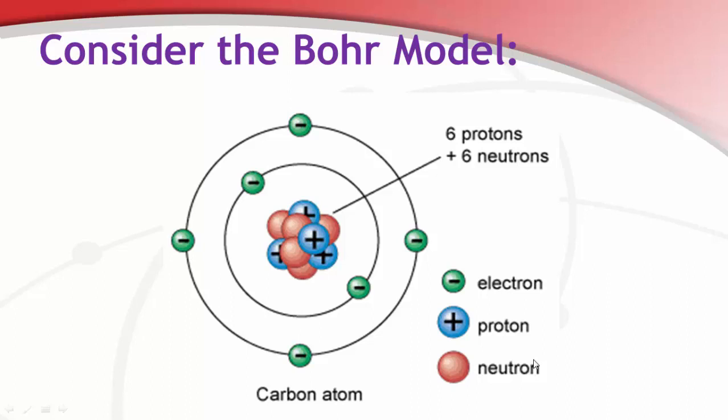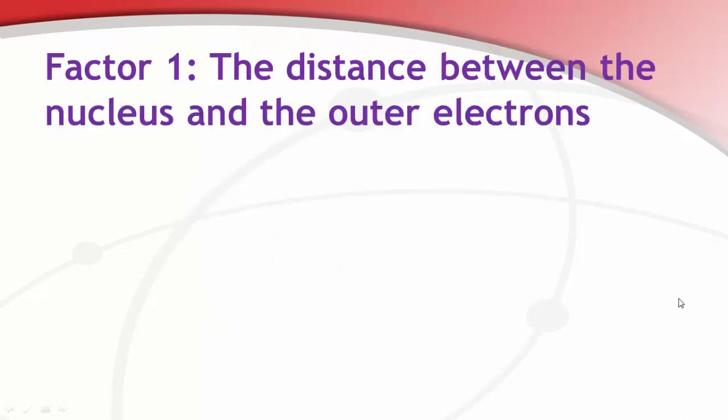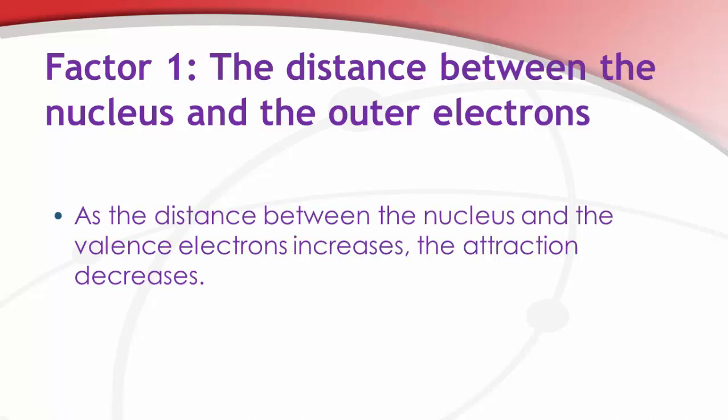So if we take the Bohr model, we have carbon here with 6 protons and 6 neutrons in the nucleus, and 6 electrons on the outside in order to balance the charge. If we want to look at the force between these things, which is going to decide many aspects of this element, the distance between the nucleus and the valence electrons increases.